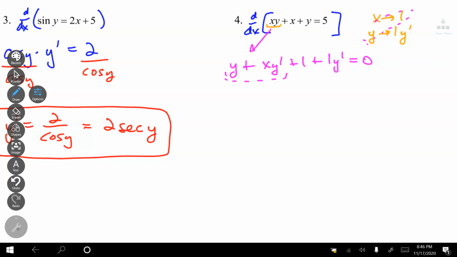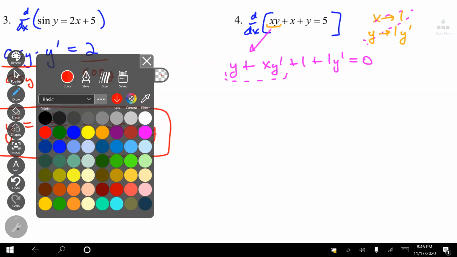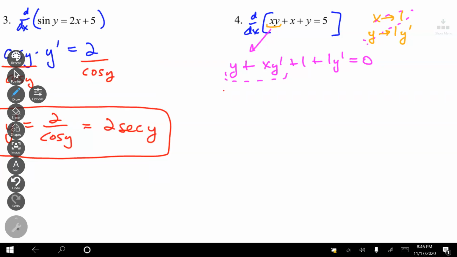Okay, I'm going to isolate. I'm going to solve for y prime. Does this have a y prime? No. I'm going to move him over to the other side. This has a y prime. He stays. Does this have a y prime? No. He moves. Does this have a y prime? He stays. And when I do to one side, I do the other. So I have xy prime plus y prime is equal to negative y minus 1.